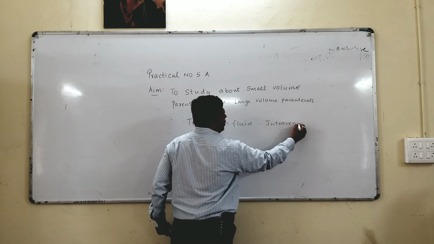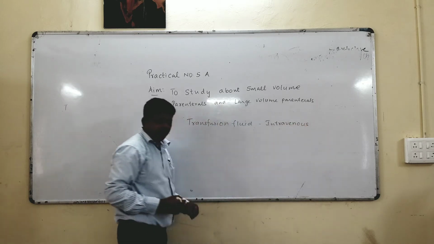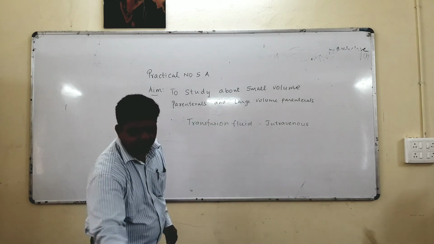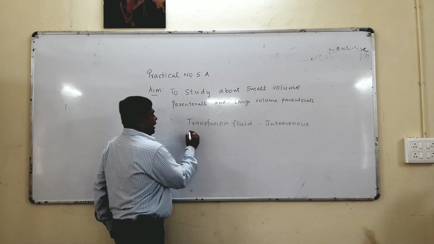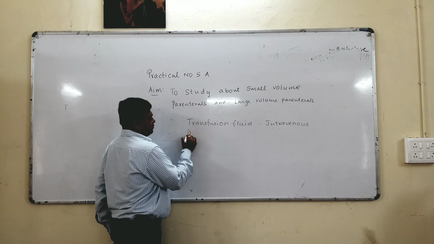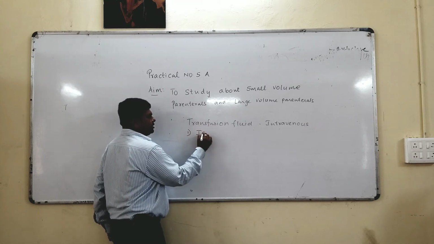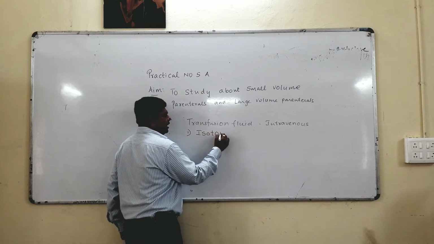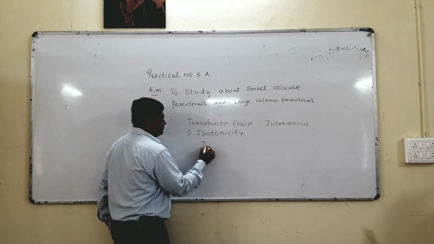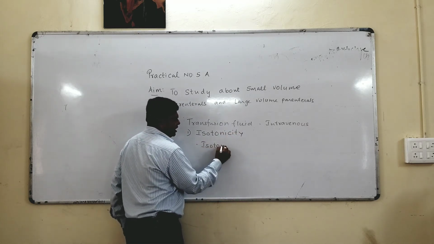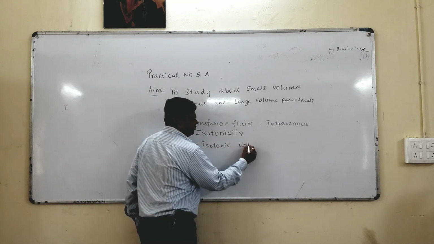It is meant for intravenous administration. That means it is directly injected into vein. Hence, first property required, it must be isotonic with plasma.